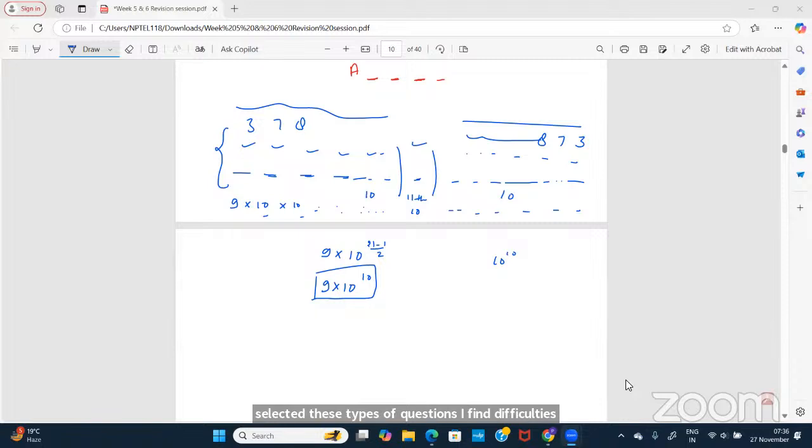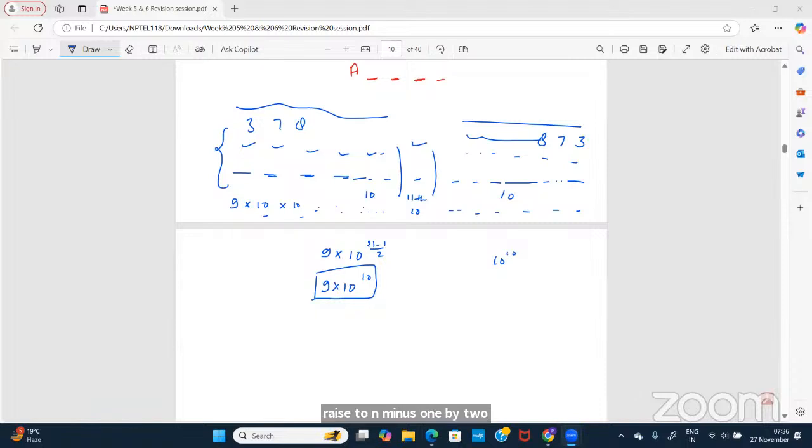Instead of a number, if it's a word, how will it be? It will be 10 into 10 raised to n minus 1 by 2. If it is a word instead of a number, for a number we cannot use the initial digit as 0, right? But for a word, we can use all the alphabets.